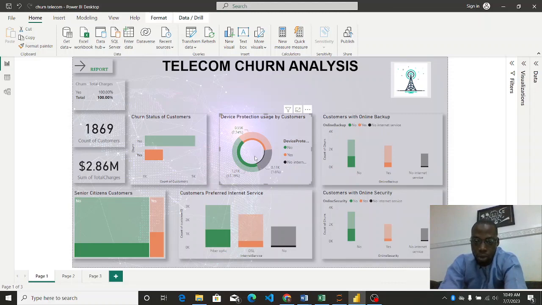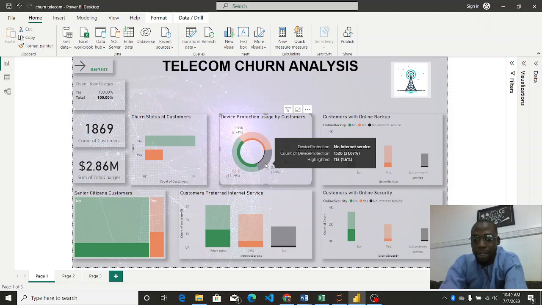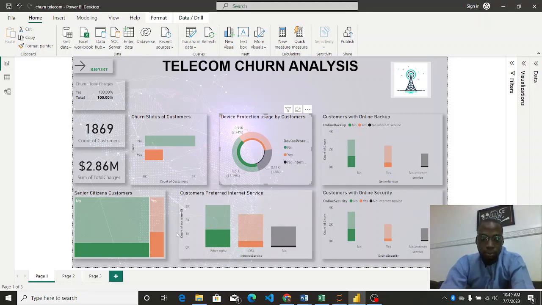But then another insight to draw from this device protection is the usage of internet. We can see that 113 individuals do not use internet service at all, and my guess is that it's going to be the elderly.